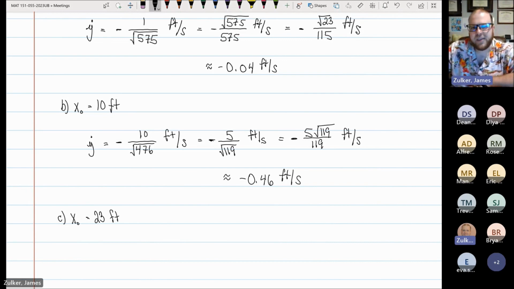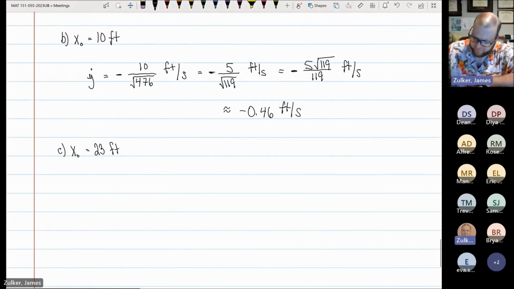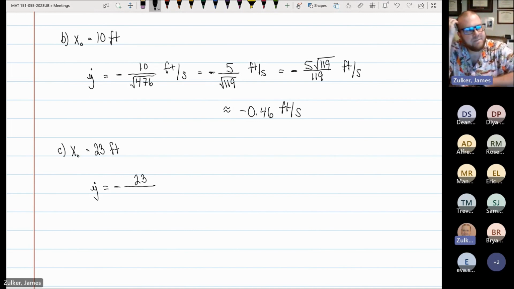All right, we're now at 23 feet. So what is 23 squared? It is 529.